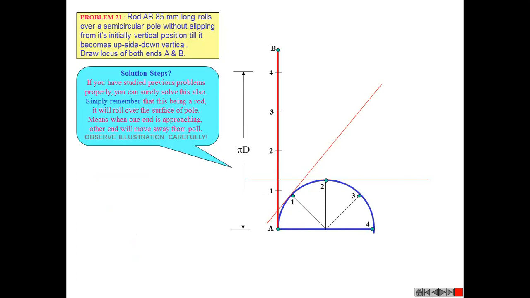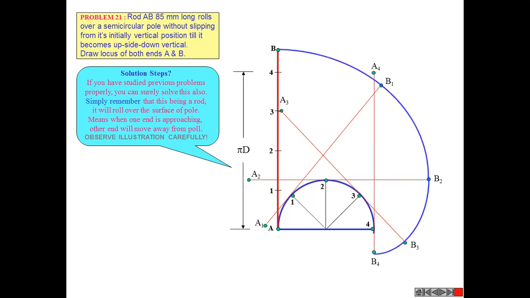Then it will attain a horizontal position. Then an inverted tilted position, where B is the bottom section. A went near point number 3 and reached the completely inverted position. These are the loci of points A and B, which are nothing but the ends of this bar.